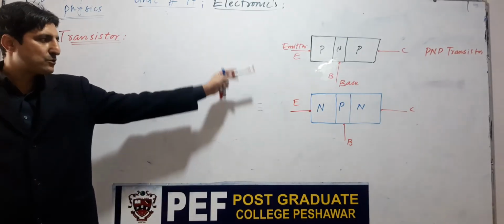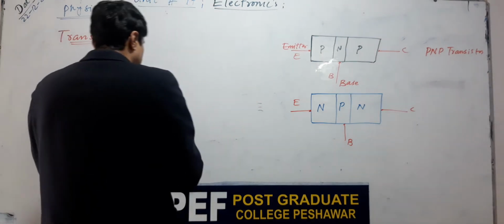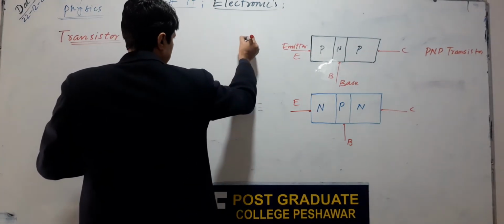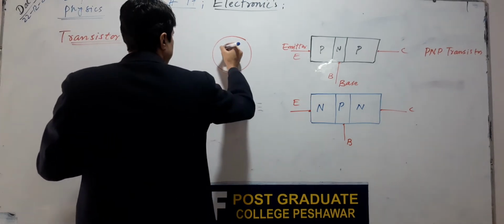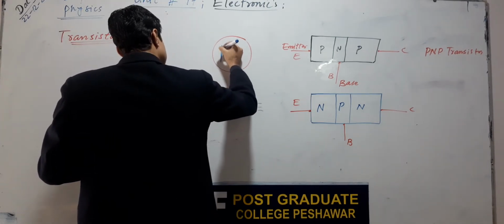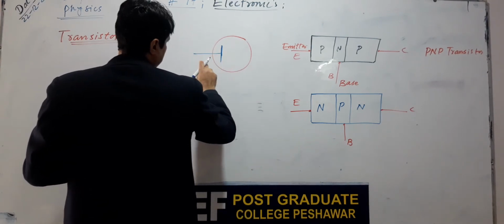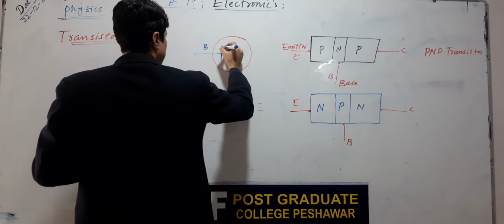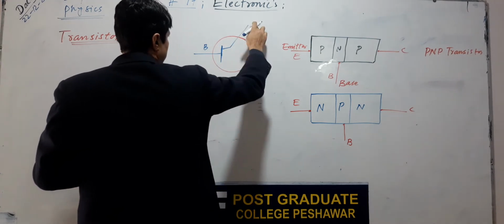So we can also draw the diagram for NPN and PNP transistor as a circuit diagram. Like this will be the base. This is the base.